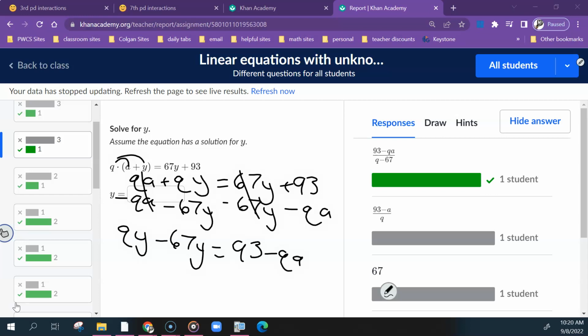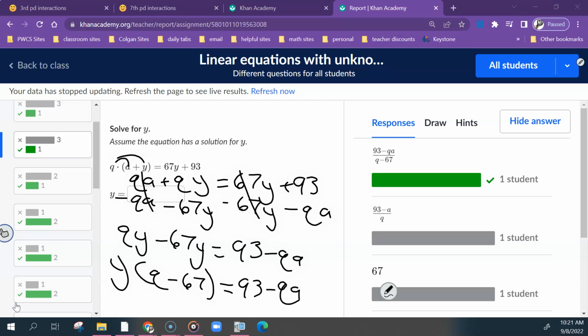Then we're going to do kind of the same thing we were doing before, but the opposite now. Now I have y's and I want just one. So I'm going to take those out by dividing, factoring. So just q would be left here, just negative 67 would be left here. And then we do that same thing we did before. Divide q minus 67 on both sides.